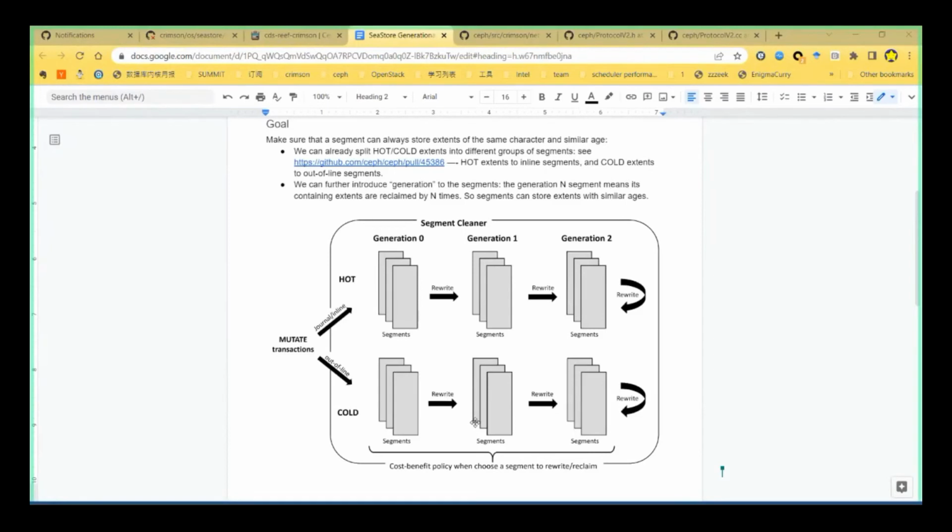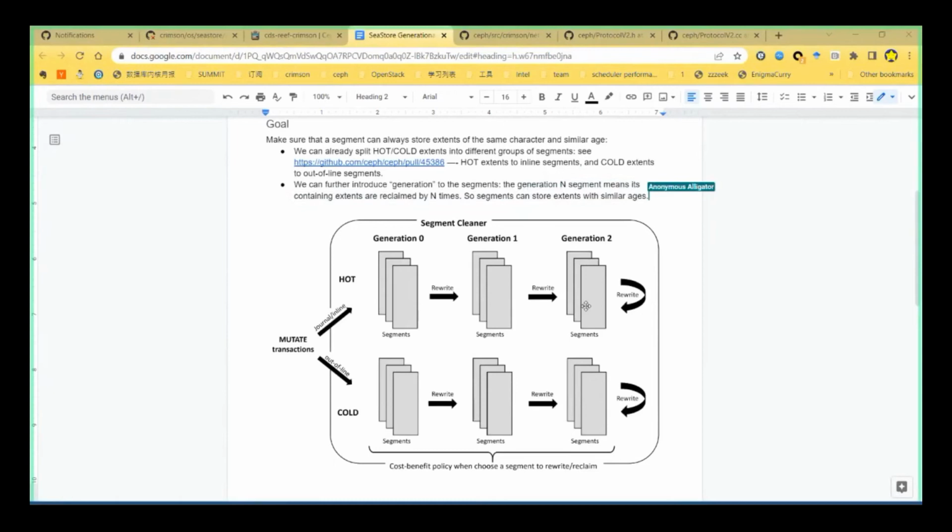Yeah, two observations. Generation is essentially a very coarse age, right? Yes, a coarse level of age. Right. So my other question is, if we have a generation 2 hot segment, isn't that kind of definitionally cold?